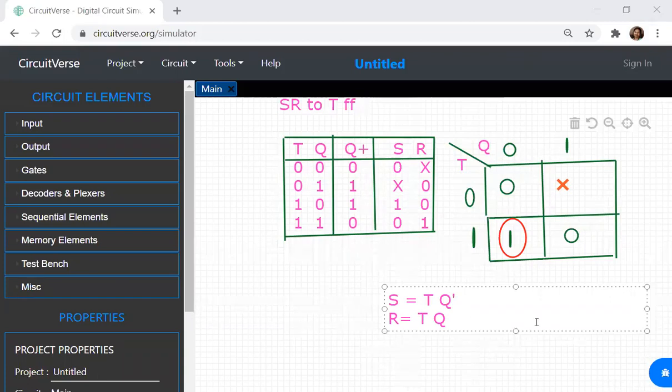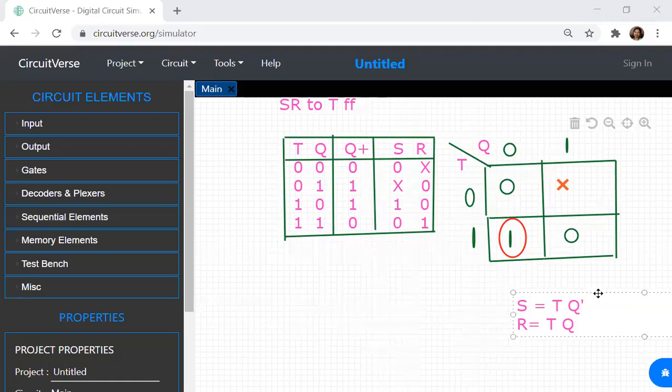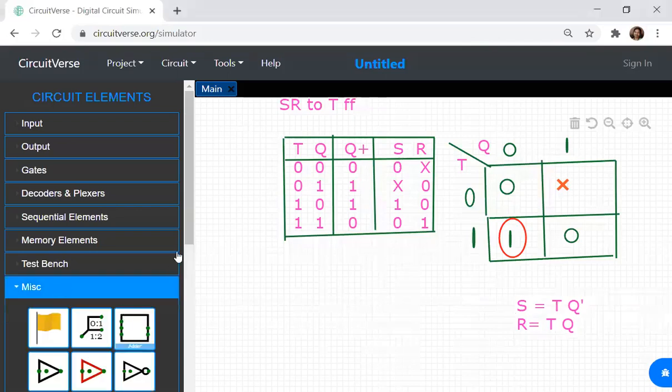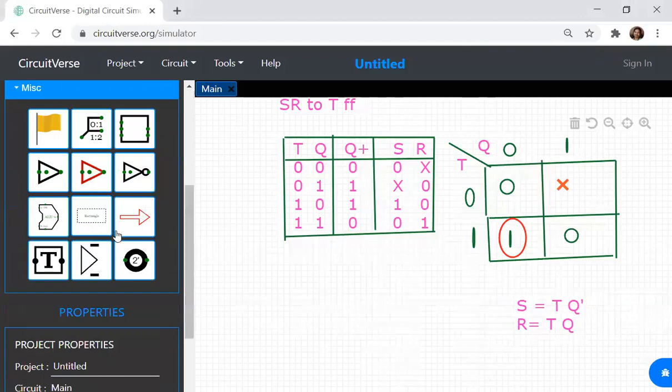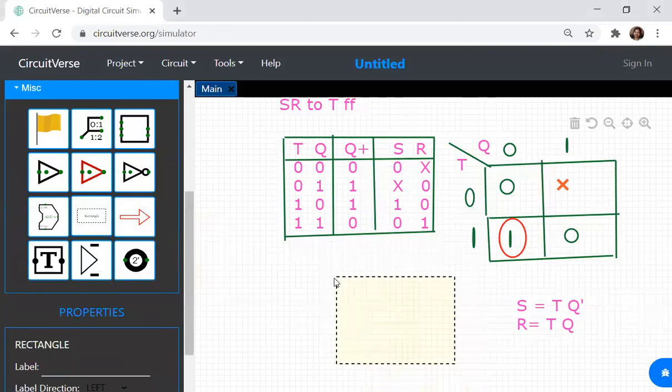Now let us write the diagram for this conversion. For the conversion diagram, I am using a rectangle. This is an SR flip-flop.